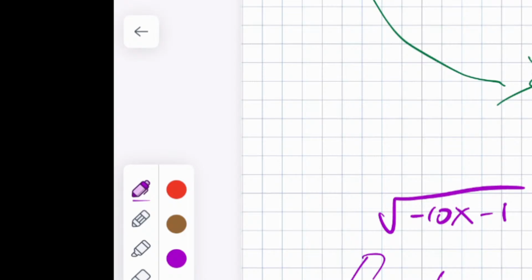Hold on a second, let me double check. No, you're right. That's the square root of 9/4 minus 3 over 2, right? 3 over 2 minus 3 over 2 is equal to 0, which is true.